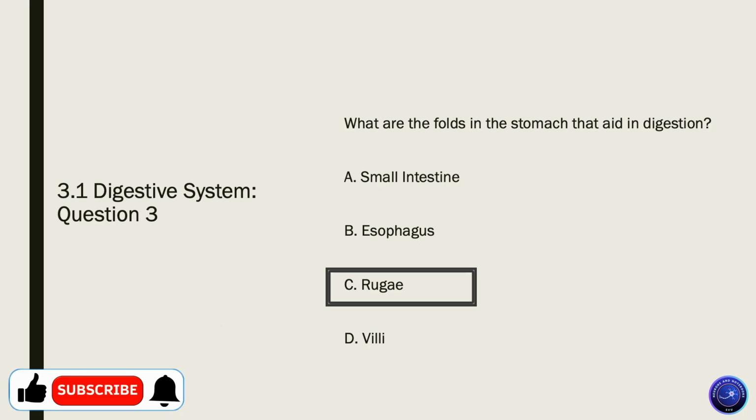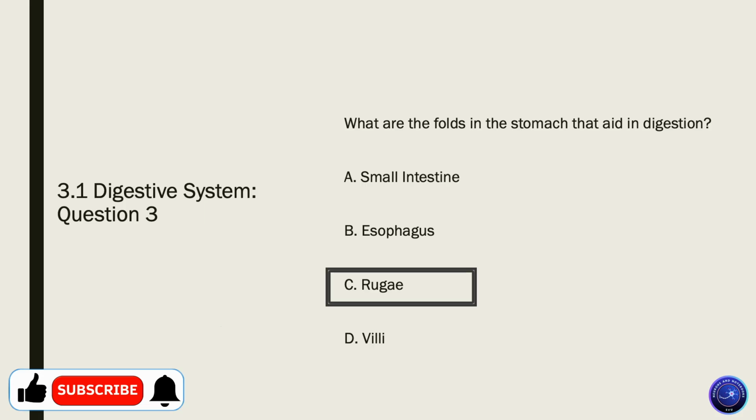So A is the small intestine. The small intestine has the main role of absorbing nutrients from the food we eat. And also, it's an intestine, so it's not a fold, so that wouldn't be correct. B says the esophagus, which is a long tube that connects from the mouth, or the pharynx, which is the throat, to the stomach.